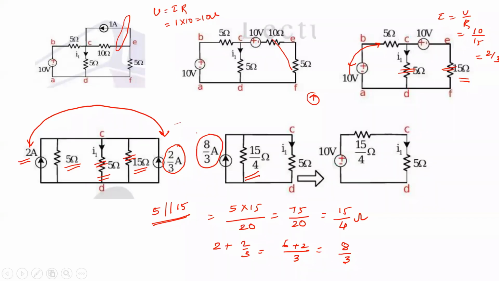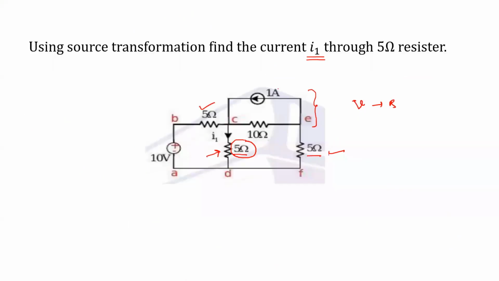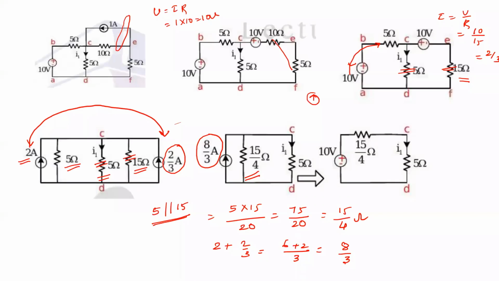All right. Now, what is asked? Find current I1 through the 5 ohm resistance. All right. Find current I1. Can you apply the current division rule for this? Two resistors are connected in parallel, for which a total current of 8 by 3 is provided.